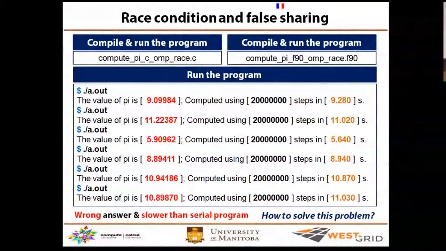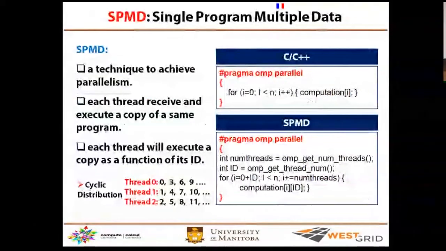To solve this problem, there is a technique called the SPMD model, single program multiple data. It means that you have one portion of the code, a single program, that is executed by multiple threads that handle multiple data. For this model, what to do?